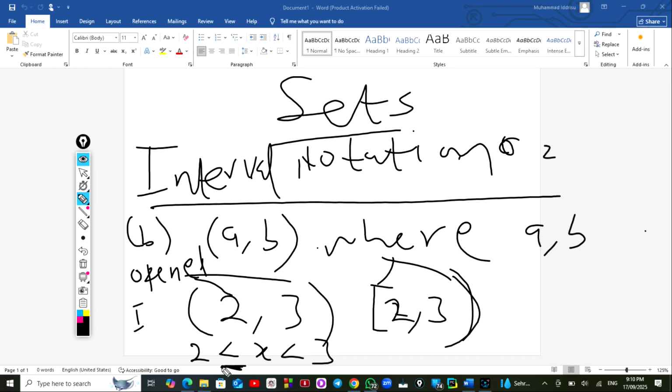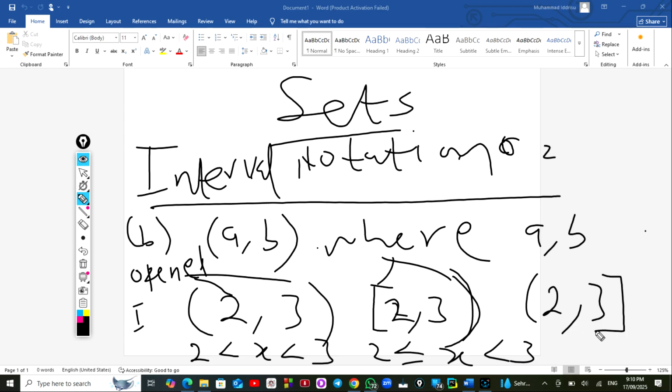There's no equal to sign here, so let's get rid of it. Here we have an equal sign if you are writing it as an inequality. And we can equally have the right-hand side open. That means we have a closed interval at the left-hand side and an open one at the right.